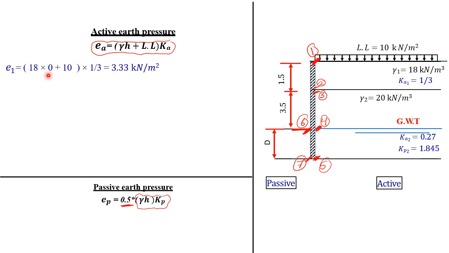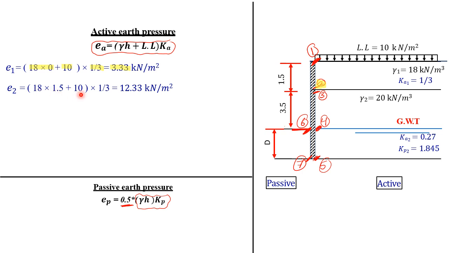At point number 1, the term gamma H is equal to 0 because you are at the surface. The live load is equal to 10. K active of the first soil layer is 1/3. That's 3.33 kilonewton per meter square. For the second point, your effective vertical stress gamma H is 18, the unit weight, times 1.5, your height. 18 times 1.5.